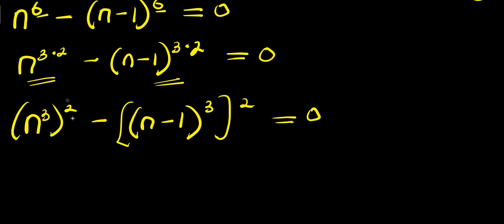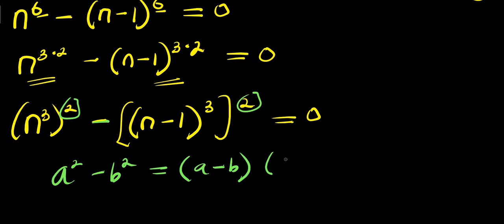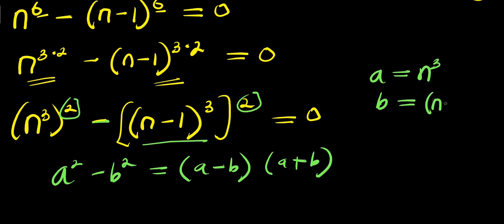Right now we have power 2 here and power 2 here, with a minus. We can make use of the difference of two squares, in which a^2 minus b^2 equals (a − b) times (a + b). In this particular case, our a equals n^3, while our b equals (n − 1)^3.